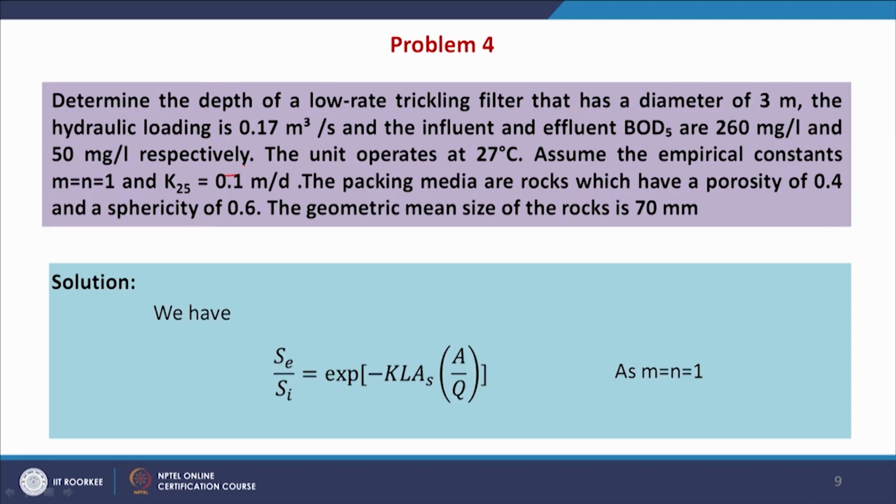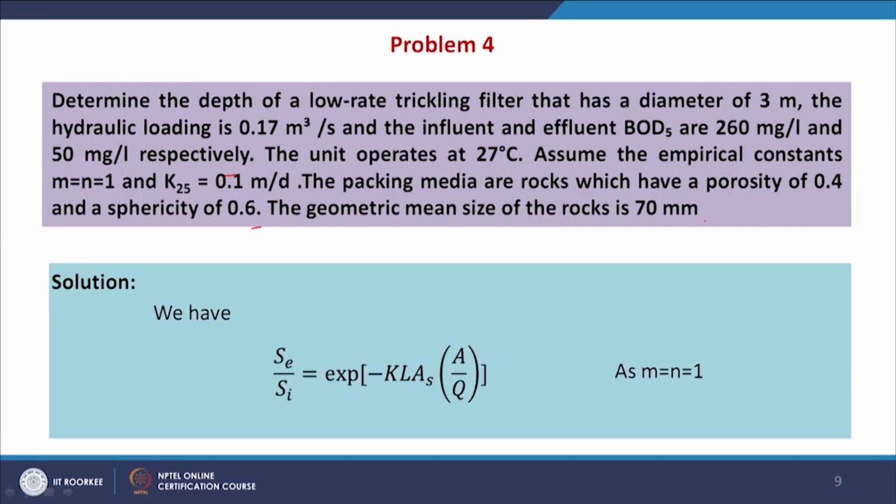Assume the empirical constants m equal to n equal to 1 and k25 is equal to 0.1 meter per day. The packing media are rocks which have a porosity of 0.4 and a sphericity of 0.6. The geometric mean size of the rocks is 70 millimeter.